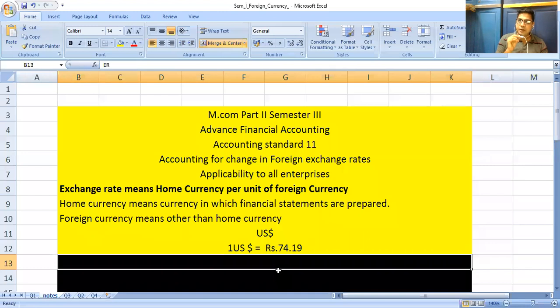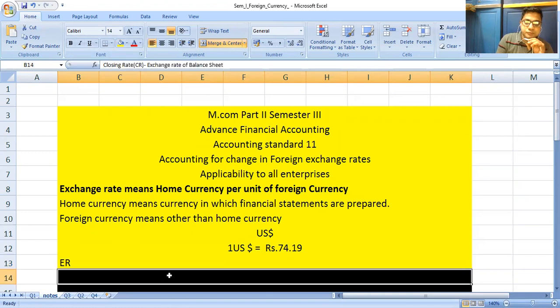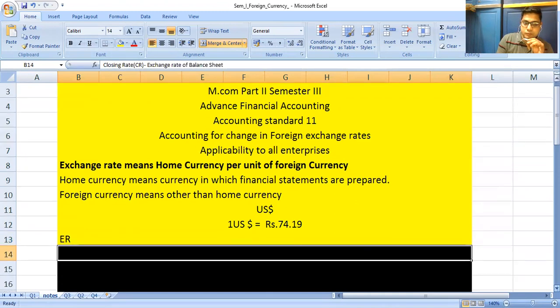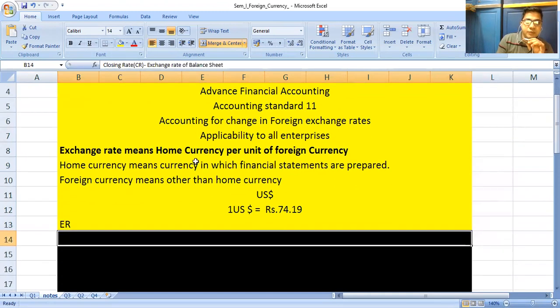Even our country compares our rupee with the US dollar, and generally all countries accept the US dollar as a standard. I hope you understood what is going on. Now, the exchange rate we have discussed.